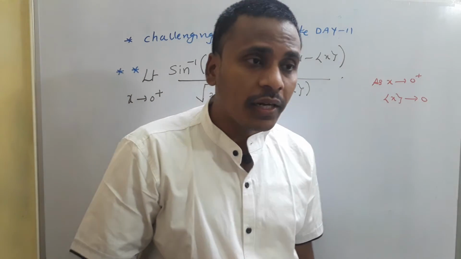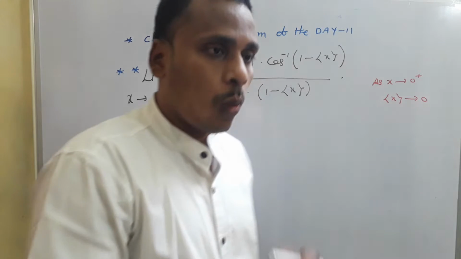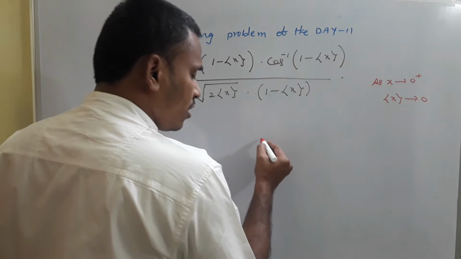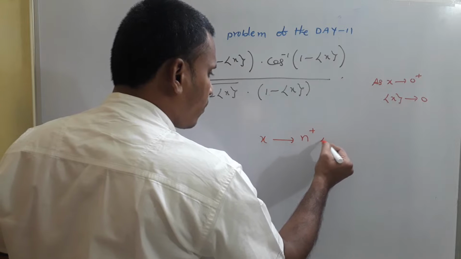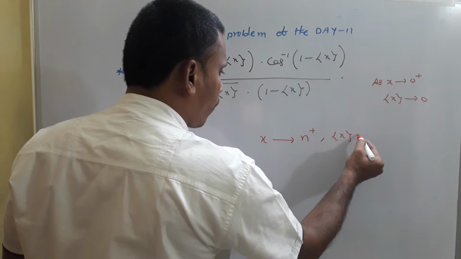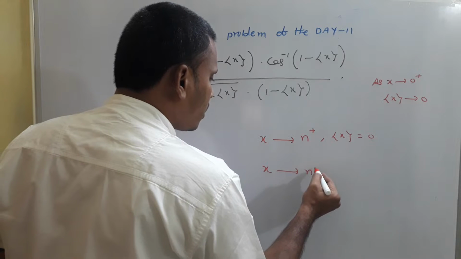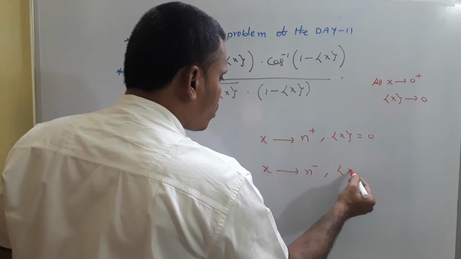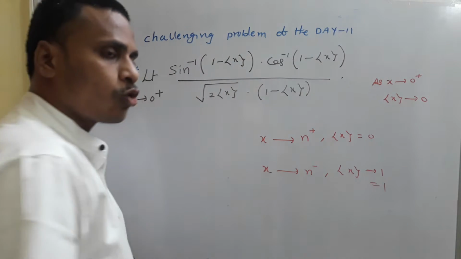And as x is tending to any integer minus, fractional part of x is tending to 1. Okay, I think this is clear for you. If x is tending to an integer n plus, in this situation fractional part of x value is 0. As x is tending to any integer minus, then in this situation fractional part of x is tending to 1, or you may say this is equals to 1.